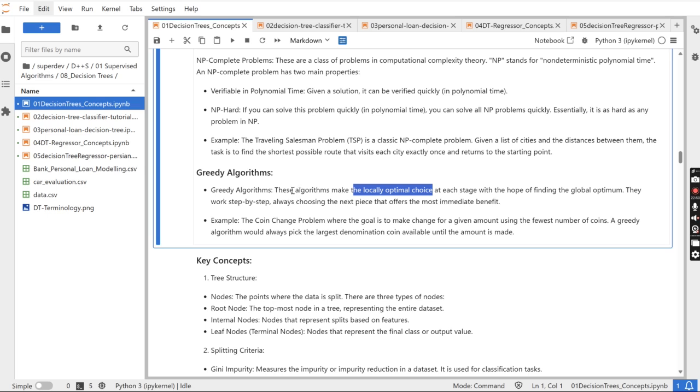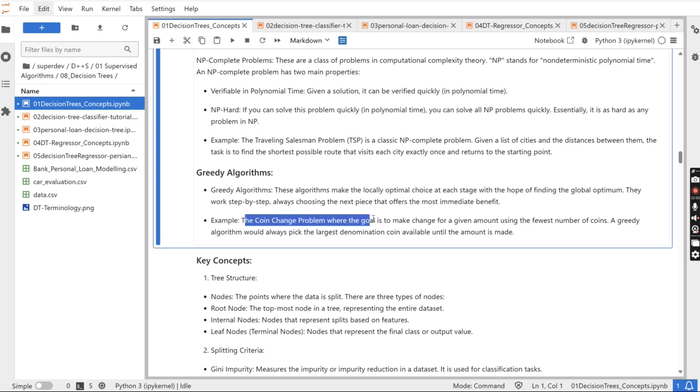So a greedy algorithm will look at your cost function and at the slope at which I can see the minimum or least amount of loss function or cost function value. That is what a greedy algorithm does. Basically it goes on to look for a local optimum in hope of finding the global optimum. It aims for the global optimum but may find a local optimum. So that is a greedy algorithm.